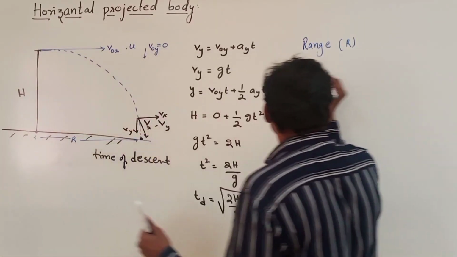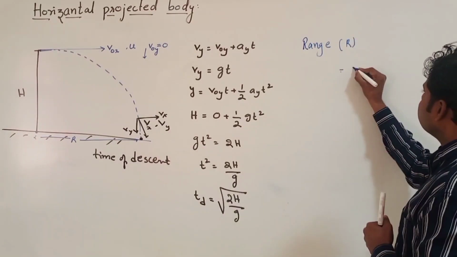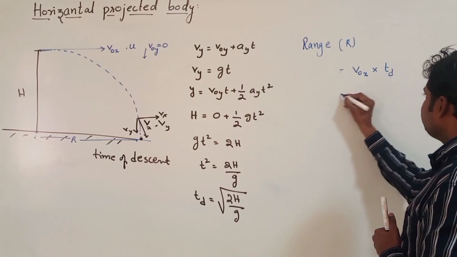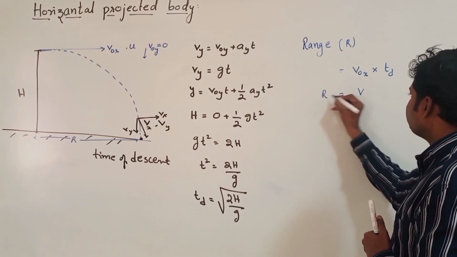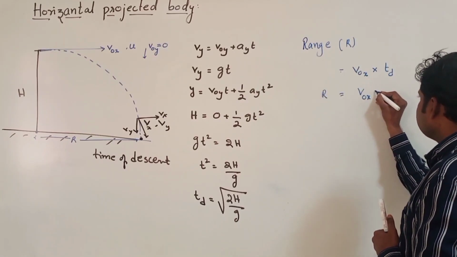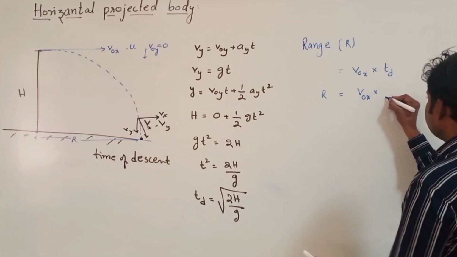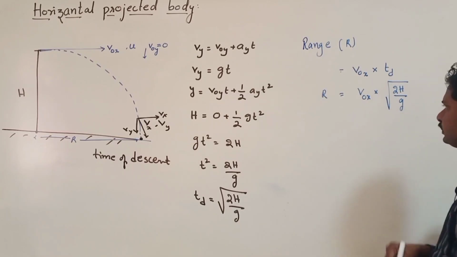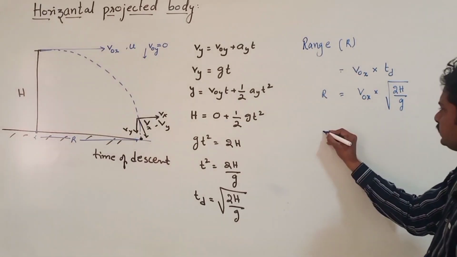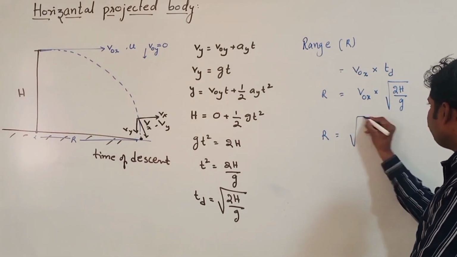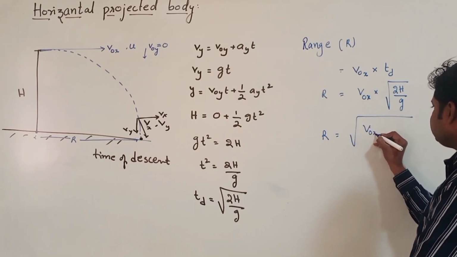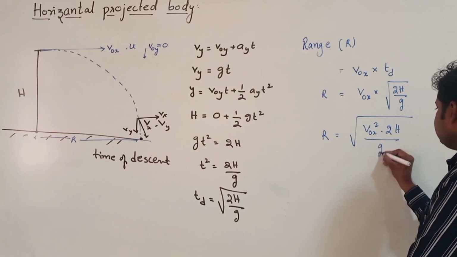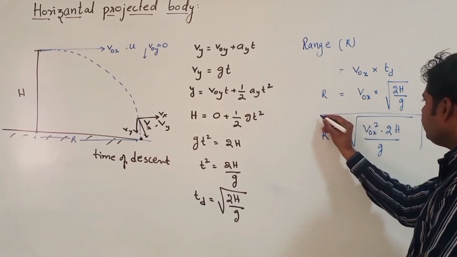In the x direction, it is v naught x into the time of descent. So we will write r is equal to v naught x into the time of descent, which is root of 2h by g, and I am writing it as r is equal to v naught x into root of 2h by g. This is a simple formula.